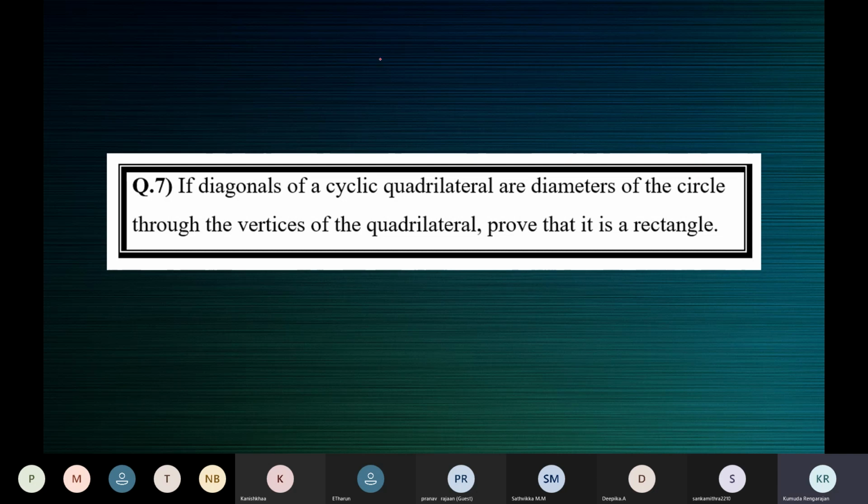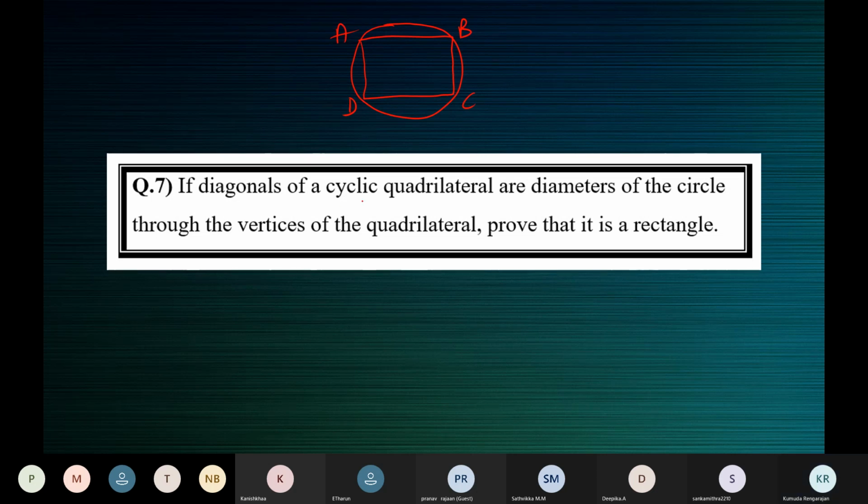Since the statement talks about diameters also, you'll have to draw a circle and show the cyclic quadrilateral. You'll have to prove it's a rectangle, so we're going to draw the quadrilateral in the shape of a rectangle. Now ABCD is the quadrilateral spoken about, and it is given that ABCD is a cyclic quadrilateral.